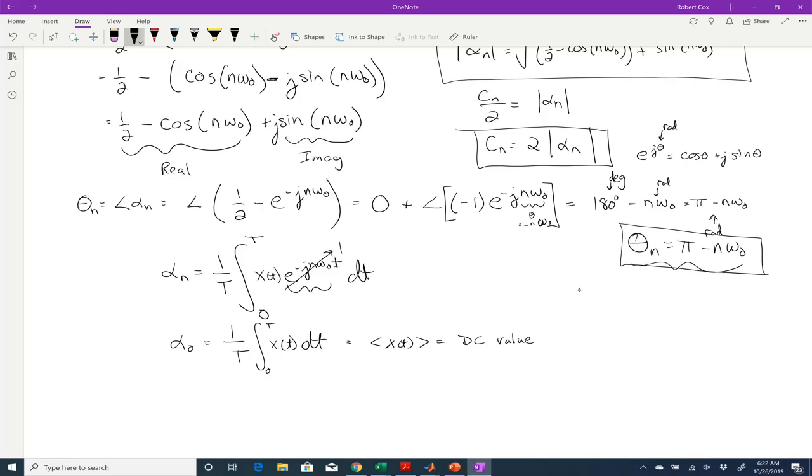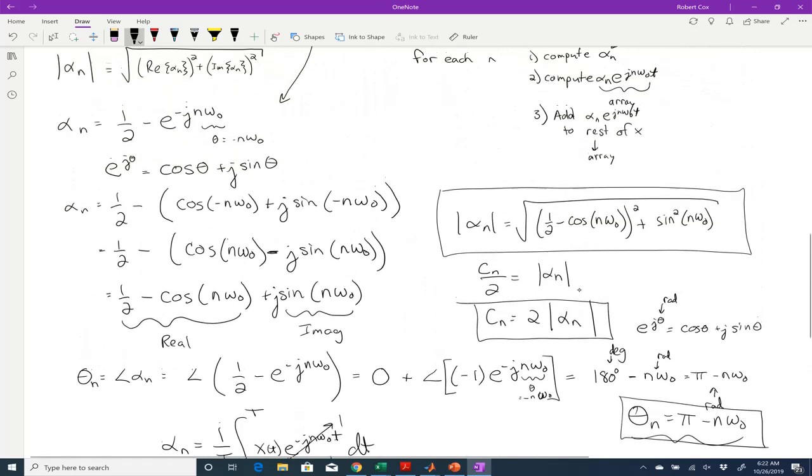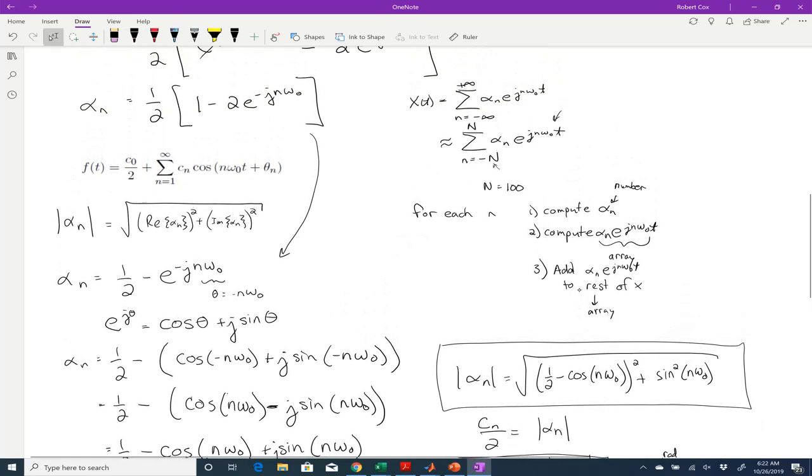Okay? If I look back at the shifted cosine version of the series, I have this C naught over 2 plus this summation of cosines. Well, what's the average value of any cosine function over a period? It's always 0, right? So cosine of omega naught, or 2 omega naught, or 3 omega naught, or 4 omega naught, over one fundamental period, the average of that guy is always 0.